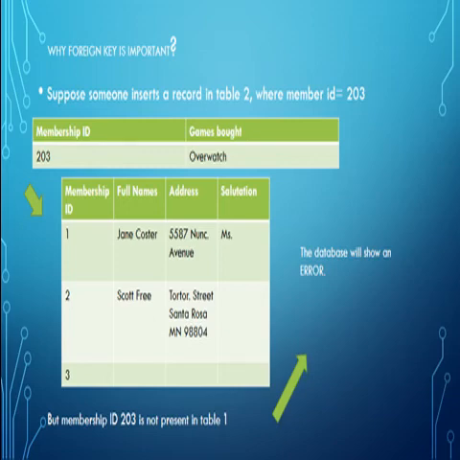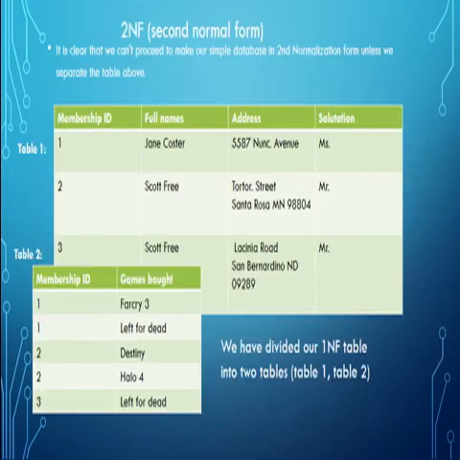You will only be able to insert values into your foreign key that exist in the unique key in the parent table. This helps in referential integrity. The problem above can be overcome by declaring membership ID from table 2 as a foreign key of membership ID from table 1.